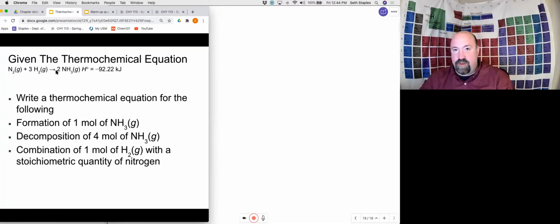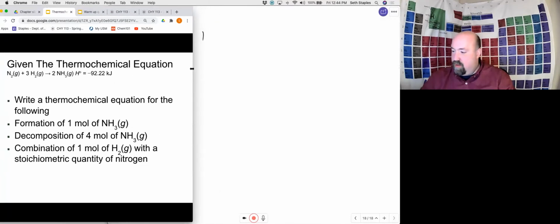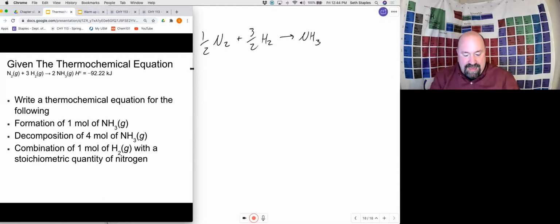That means that we're going to start with a half a mole of N2 plus 3 halves of H2. That's going to give us 1 mole of NH3. But now, since I've cut the whole thing in half, that cuts my enthalpy in half as well. So now my delta H is going to equal negative 46.11 kilojoules.